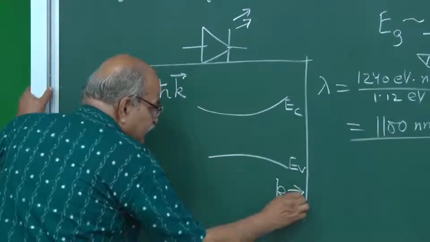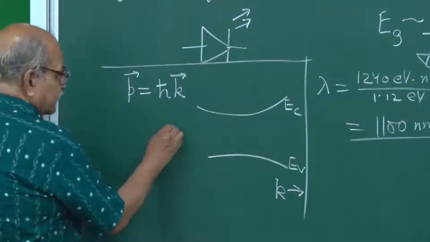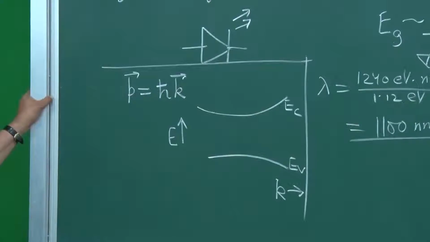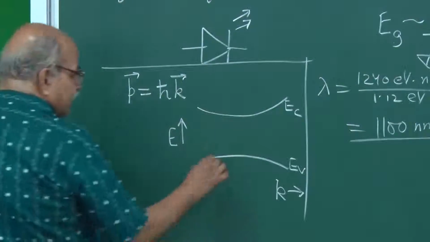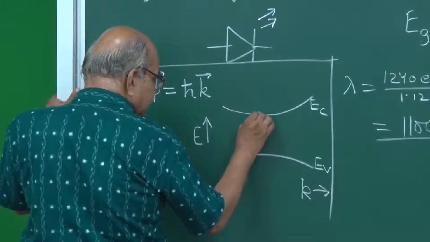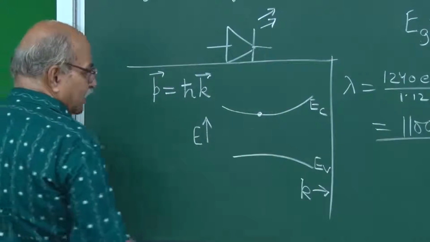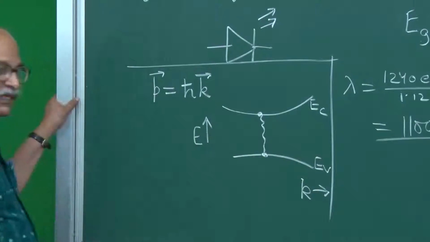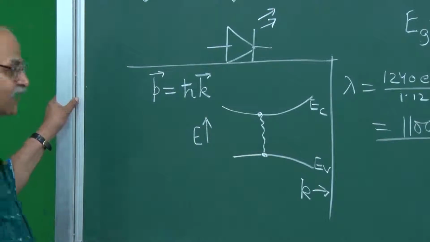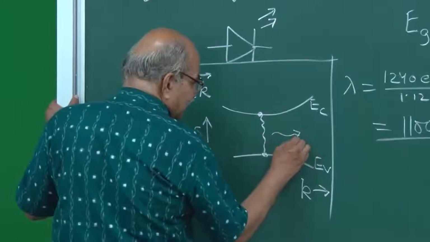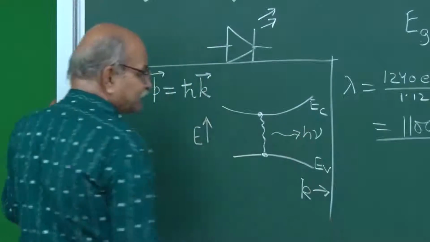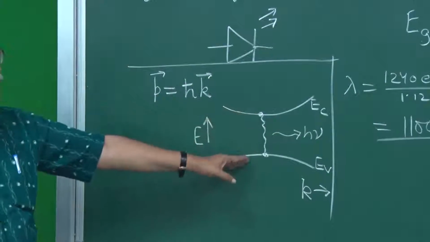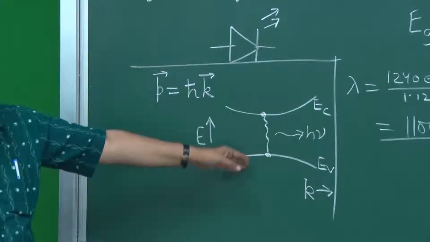K is increasing in this direction and energy is increasing in this direction. Now, if the electron is here at the bottom of this conduction band and it falls to this top of the valence band, a photon can be emitted. But the silicon band diagram does not look like this.